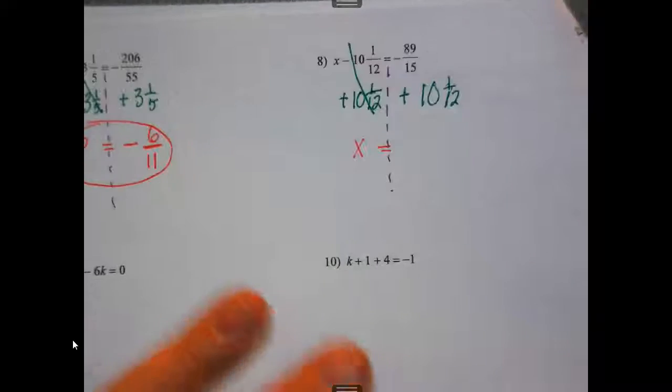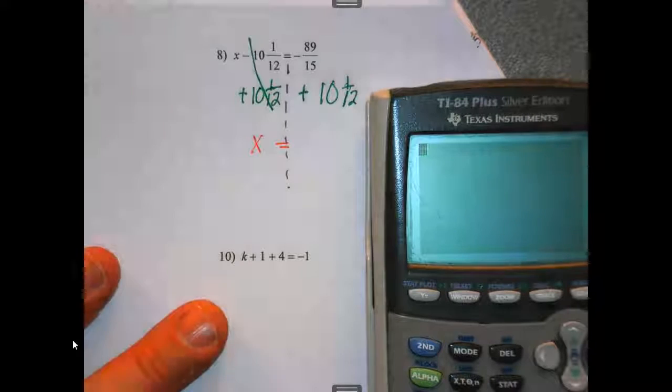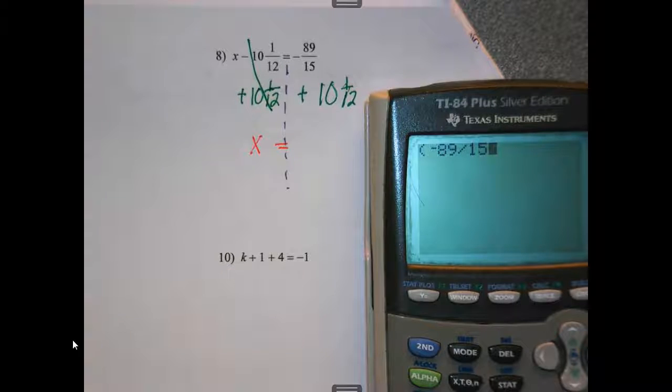Okay. There we go, kids. Negative, parenthesis, negative 89 divided by 15. Close out that fraction. I'm going to add to it the fraction 10. Now, the way you have to put 10 and 1/12 in here is 10 plus parenthesis 1 divided by 12.